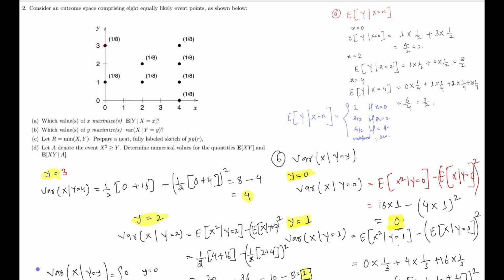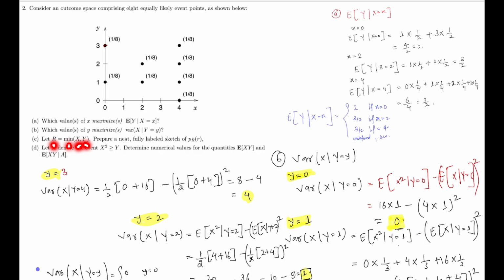Right? Now let's come to this part C. We have this r is equal to the min of these two random variables. So basically in this part we have defined one more random variable, and this random variable is r, and this is nothing but the minimum of whatever values we could have for x and y.